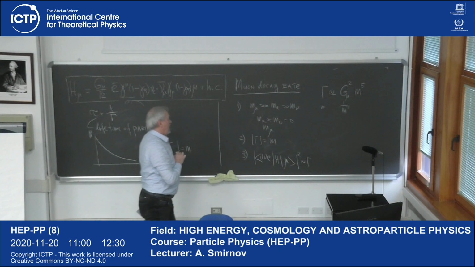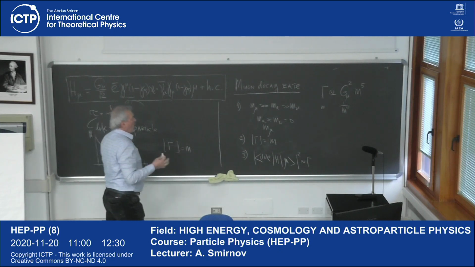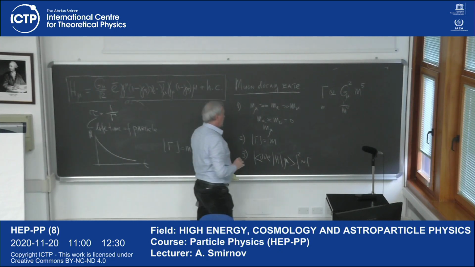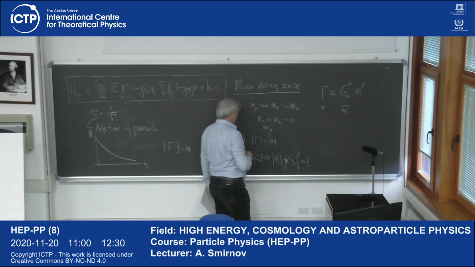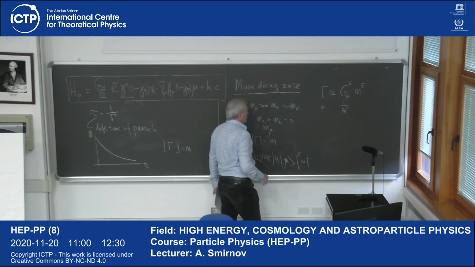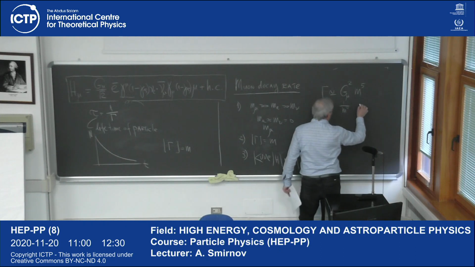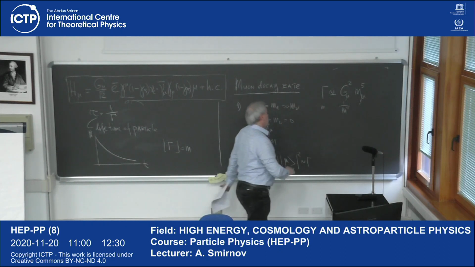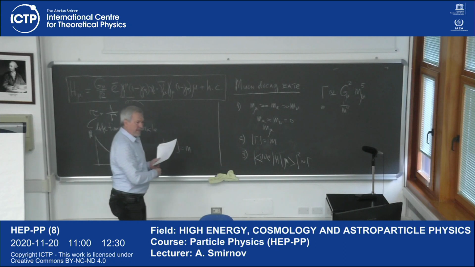Since the only parameter here of dimension mass, the most important one, is the mass of the muon, we get here the mass of the muon to the 5th power.